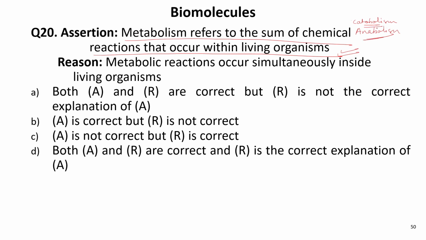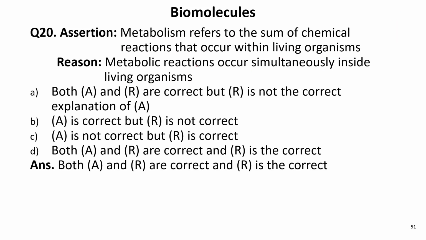So metabolism refers to the sum of all the chemical reactions, whether catabolism or anabolism, occurring in the living organism. Metabolic reactions occur simultaneously inside the living organism. So both A and R are correct, but R is not the correct explanation.